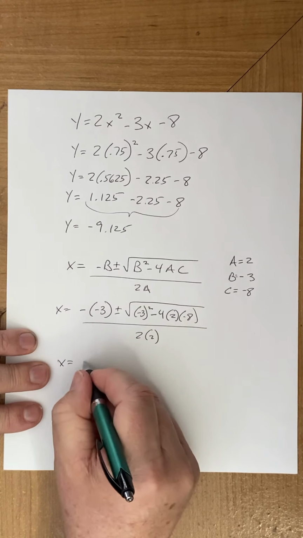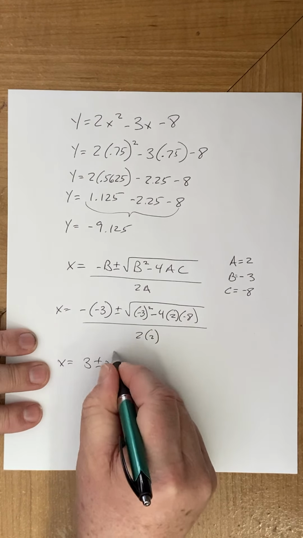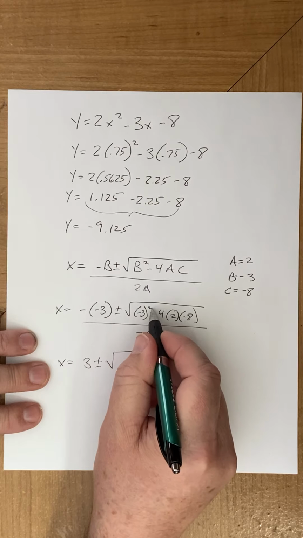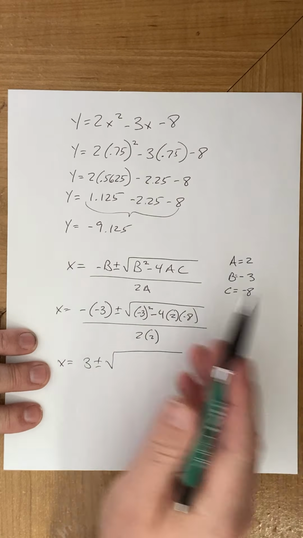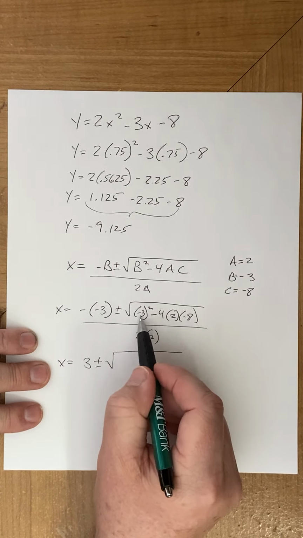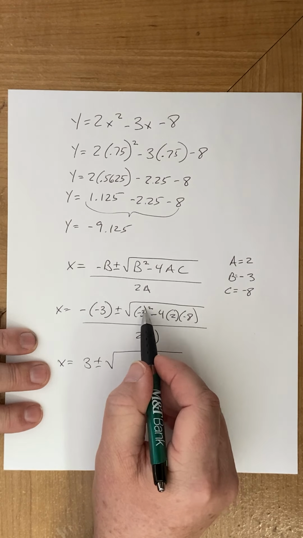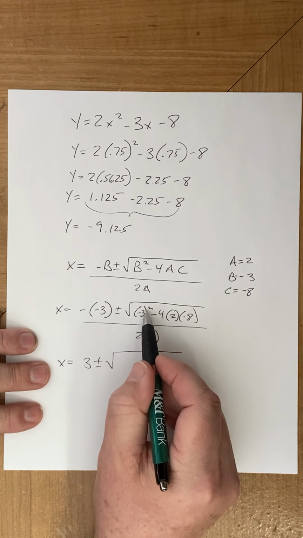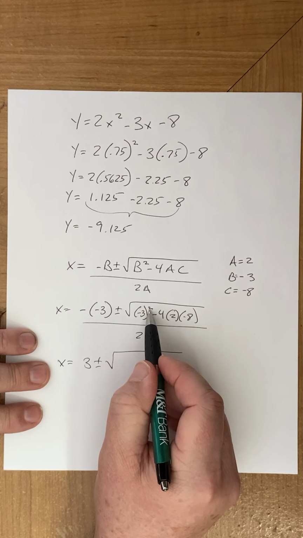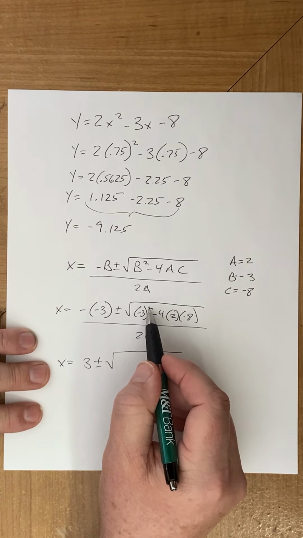Negative 3 is positive 3 plus or minus the big square root, negative 3 squared. And this is again why we talk about the parentheses. The negative 3 is in parentheses, and we have the square on the outside. That tells us that everything inside the parentheses is being squared. Squared, remember, means times itself.